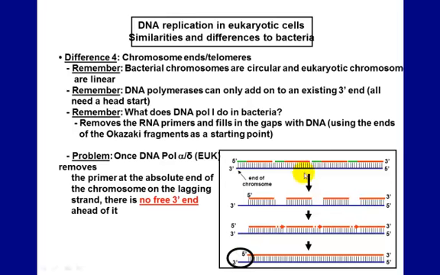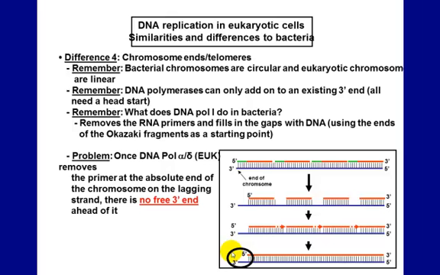And right at the end here, there is nothing to add the nucleotides to. There is no free 3' group right there. It's empty. So what's going to happen here?